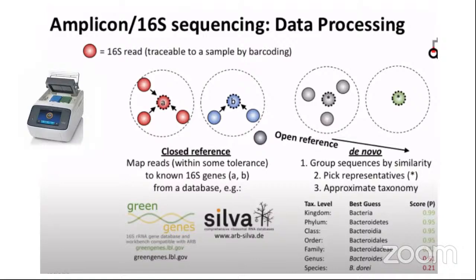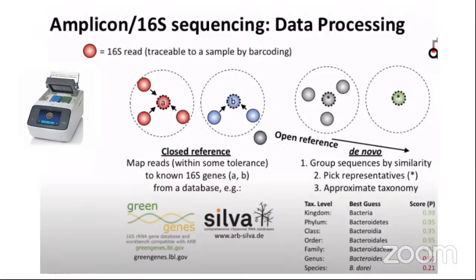For a closed reference study, say your 16S reads are represented by these red dots, and you found that the genetic signatures represented by these red dots through your sequencing analysis are closely associated with the material present in this sequence.